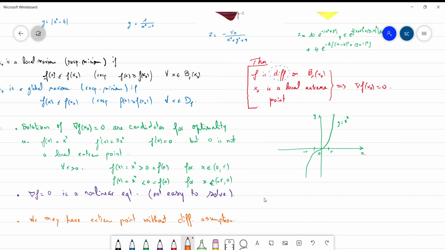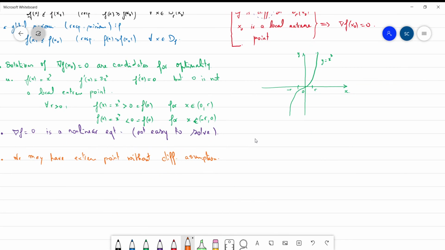For example, a classical example is y equal absolute value of x. So we have the following graph, if you remember. My function at 0 is not differentiable. Remember, differentiability, f prime at 0, would be the limit of f(x) minus f(0) over x, if it exists. But if you write this limit, absolute value of x minus absolute value of 0, which is 0, over x, this limit doesn't exist.